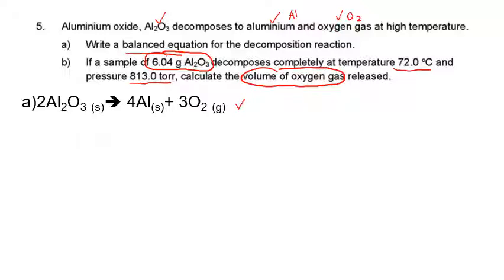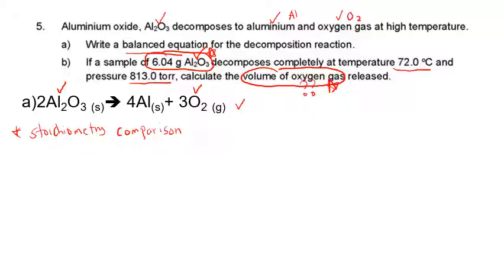In this question, you are given information about aluminium oxide, but the question asks about the oxygen gas. So indirectly, we know that we are going to use stoichiometry comparison. It's very obvious we are going to compare aluminium oxide and oxygen gas, because the information given is aluminium oxide and the question asks for oxygen gas.